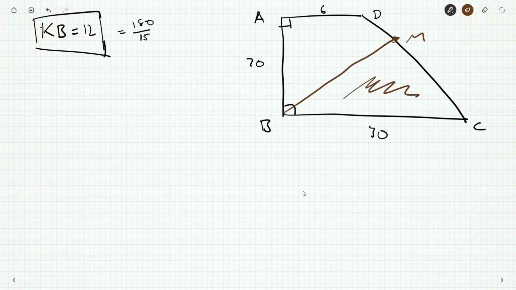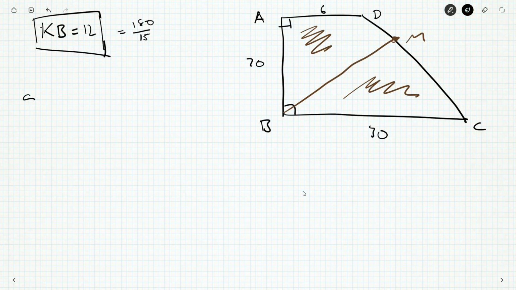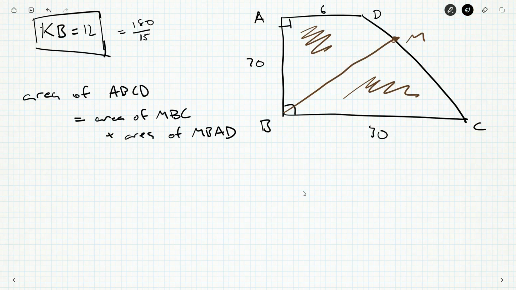And we've got MBC plus MBAD is the whole area. So the area of ABCD, the area of that trapezoid, is the area of MBC plus the area of MBAD. Okay? But we want area of MBC to be equal to the area of MBAD.